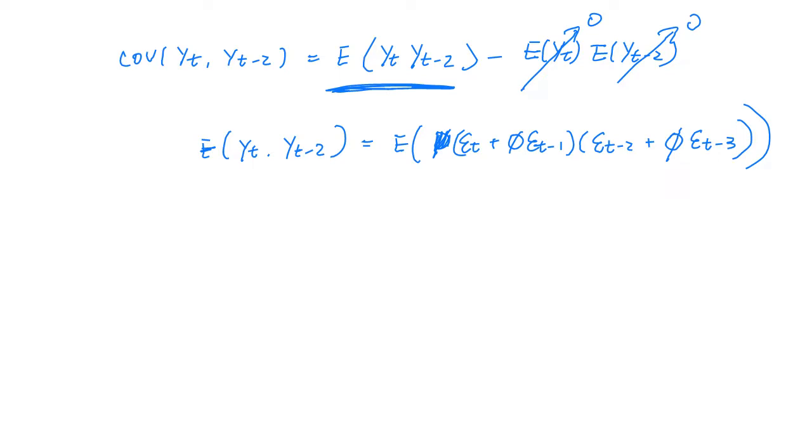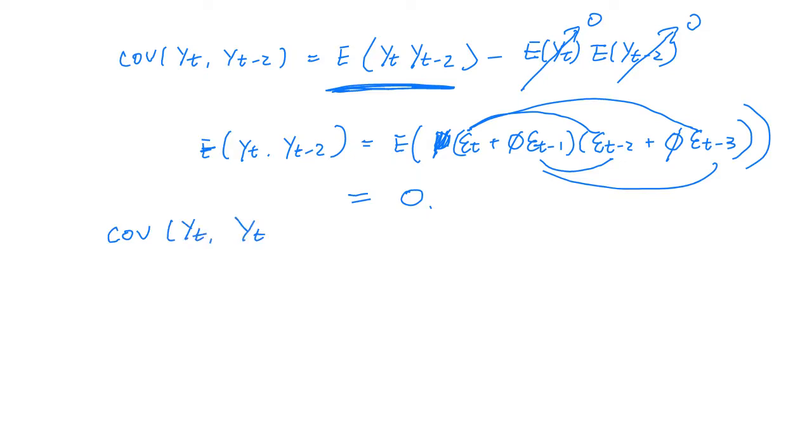As you can see, these terms are not correlated, so this is equal to 0. So the covariance with yt minus 2 is equal to 0.